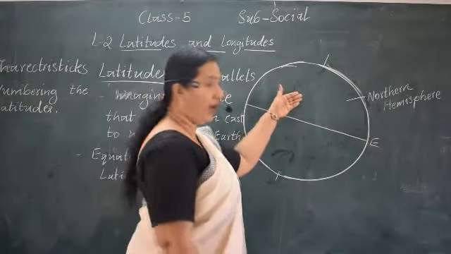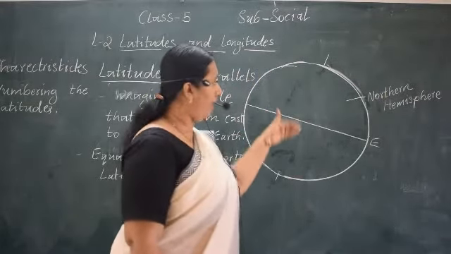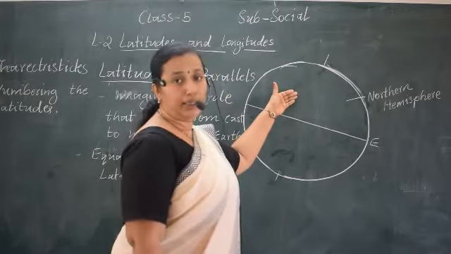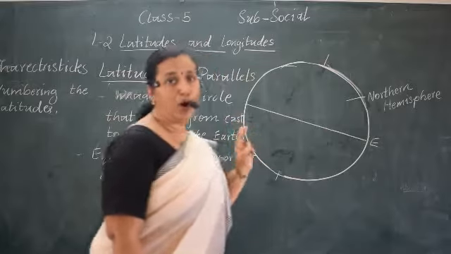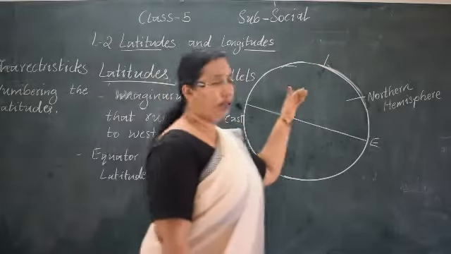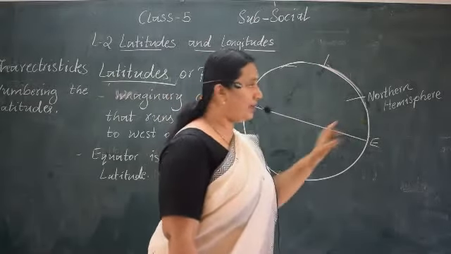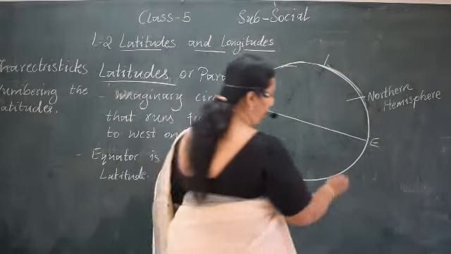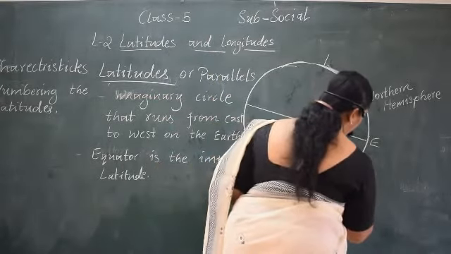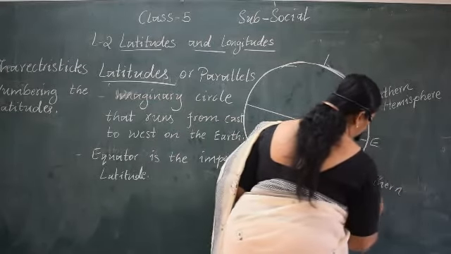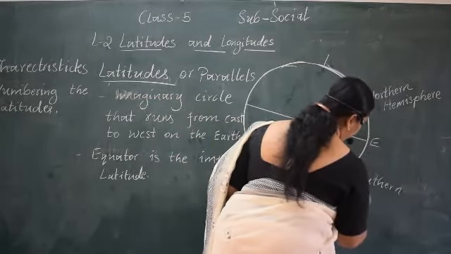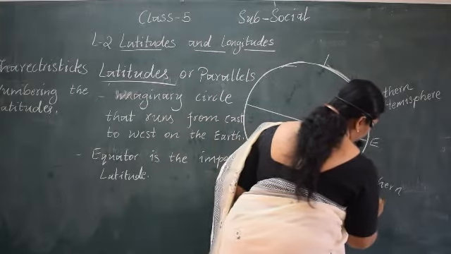The upper half part, the second lower half part. The equator divides the earth into two halves. The upper half is known as northern hemisphere, and the lower half is known as southern hemisphere. Okay children, hope you understand.